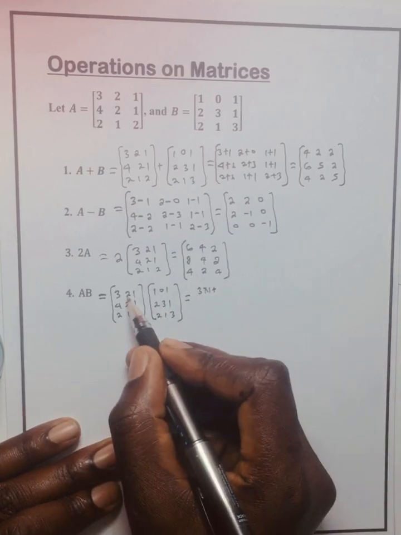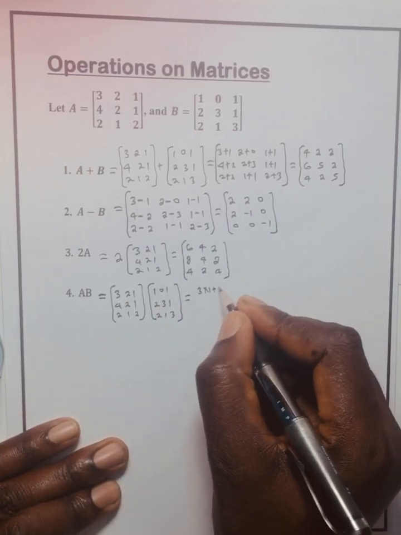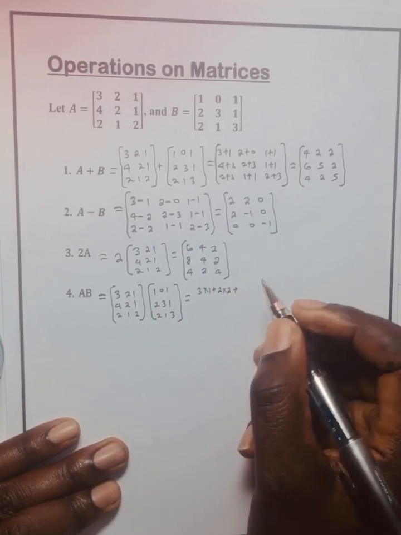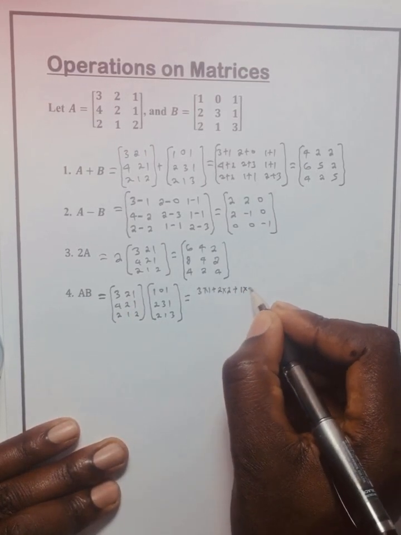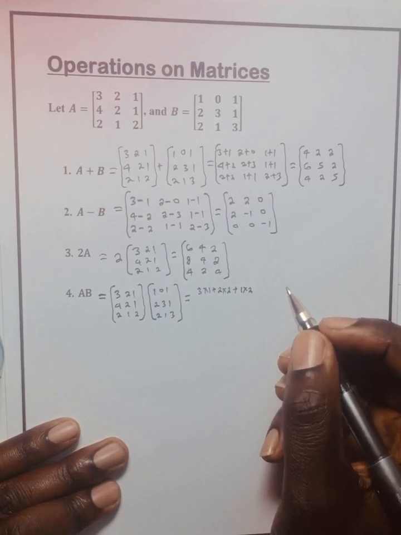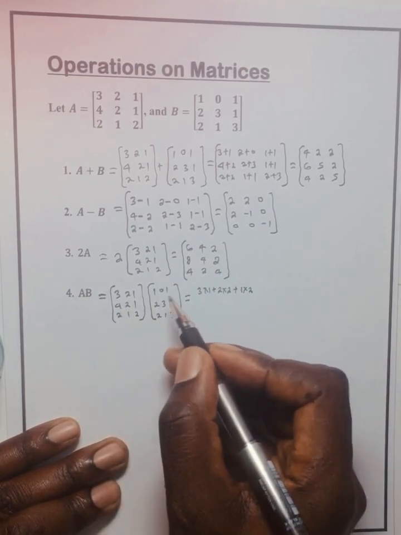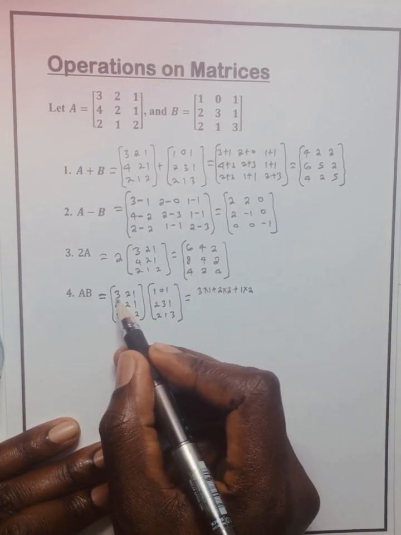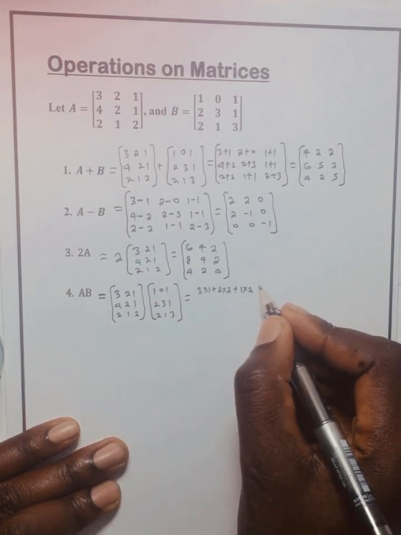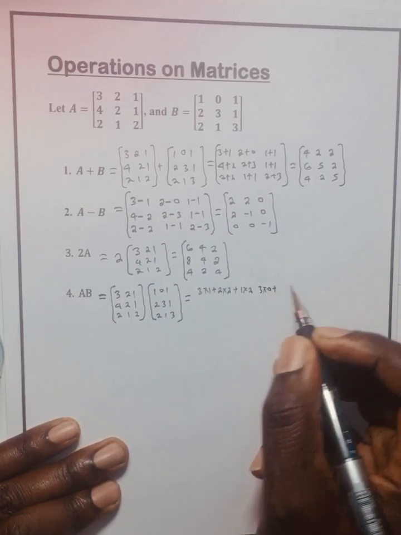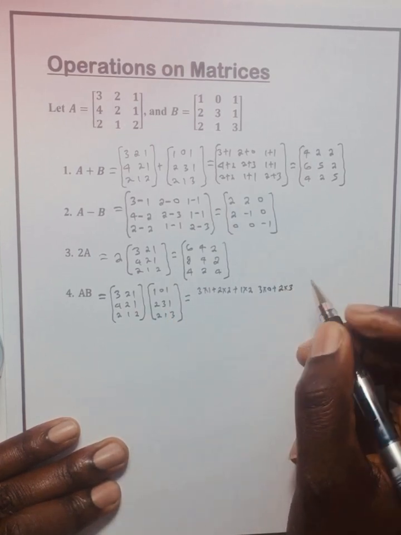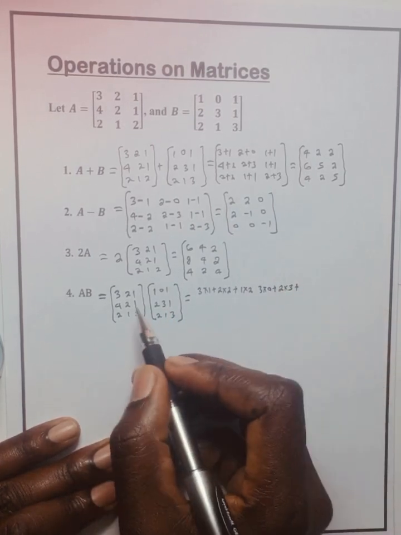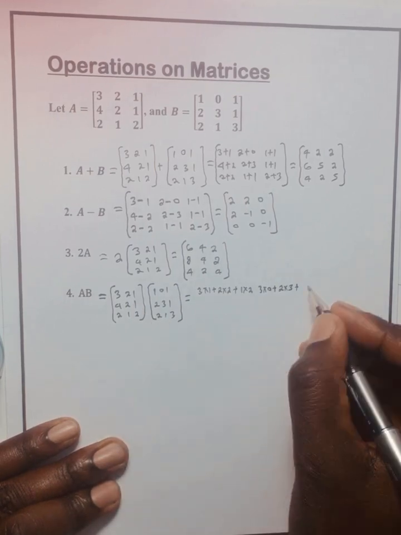plus 2 times 2 plus 1 times 2. Okay, then that is the first column done. Then the second column, 3 times 0 plus 2 times 3 plus 1 times 1.